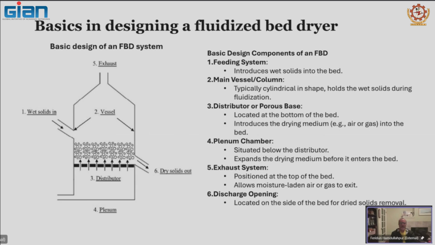What do we need for this to operate? I need a feeding system. I need either a mechanical conveyor belt system, or I need a system that I will need to aerate for it to move easier. So you'll decide on this one. Of course, you need the main vessel. You will determine that based on, let's say, continuous operation, the load is given to you by the customer, and then that will help you.